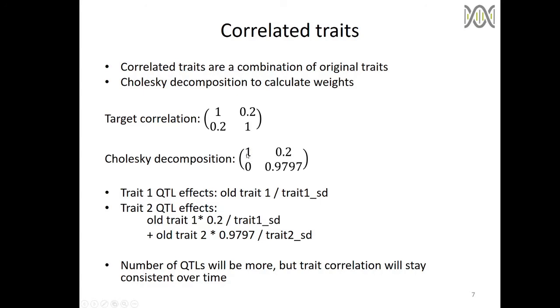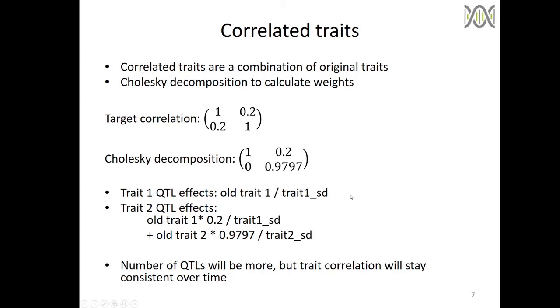So we are basically only taking the old trait values, and for the second trait we would here take 0.2 of the old trait 1 effects and 0.9797 of the old QTL effects of trait 2. We are also doing a standardization to have equal weighting between the traits, but that's more of a technicality.